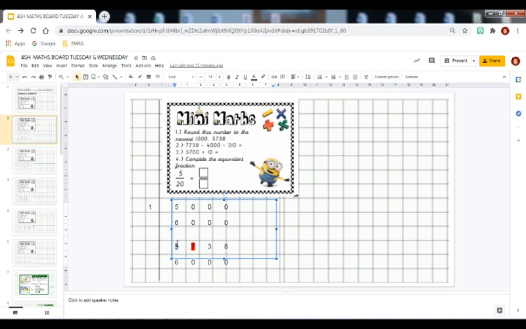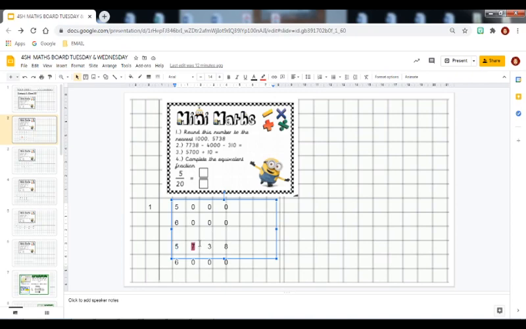So I know from this that I'm either going to be rounding this number down to 5,000 or rounding it up to 6,000, because the next digit after the 5 is the 6. What's going to help me determine this is the digit in the hundreds column.